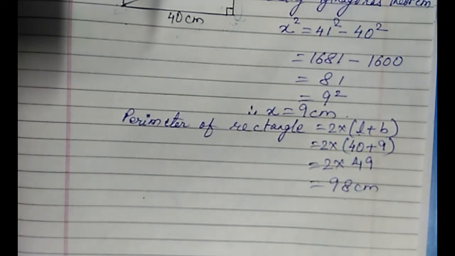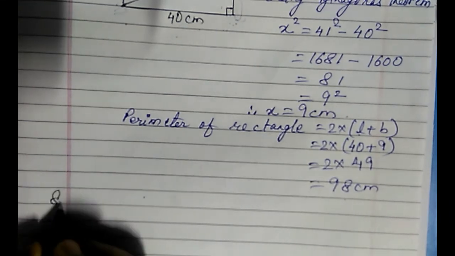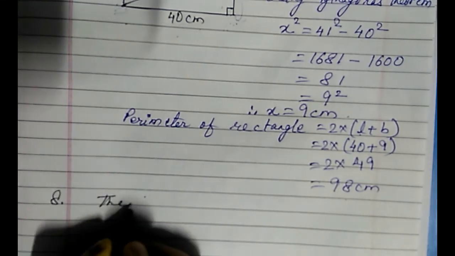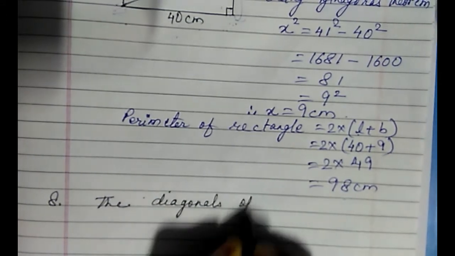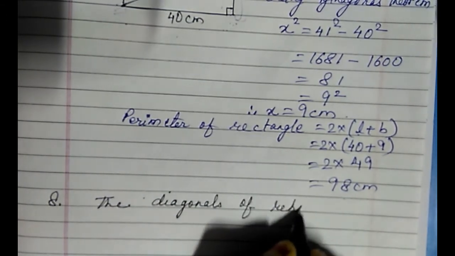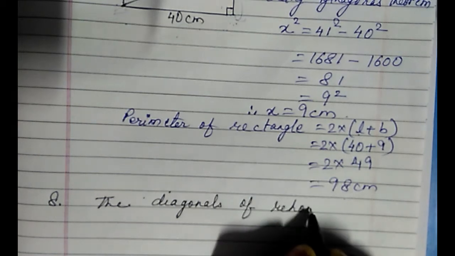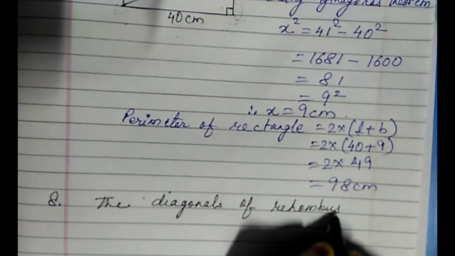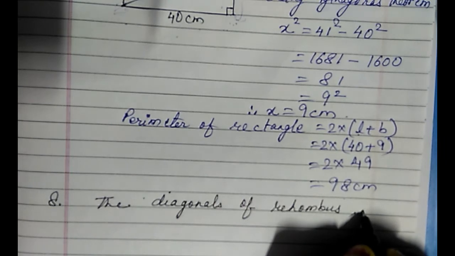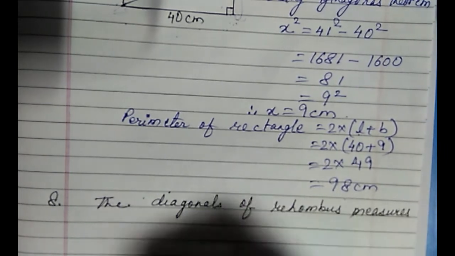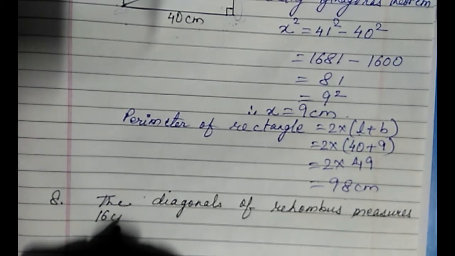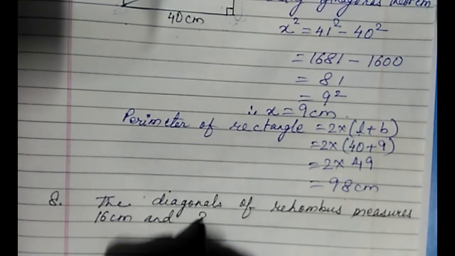Last question, question number 8. The diagonals of the rhombus measures 16 centimeter and 30 centimeter.